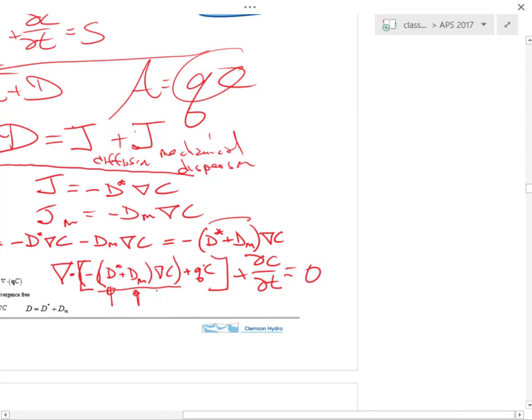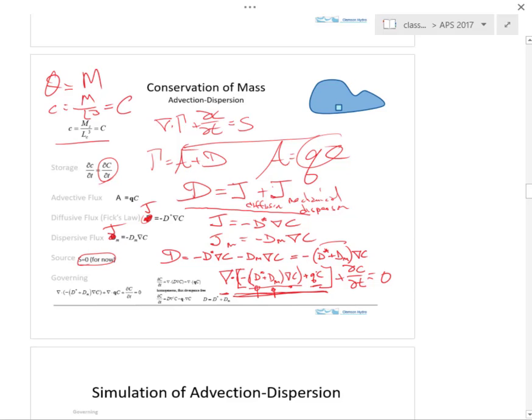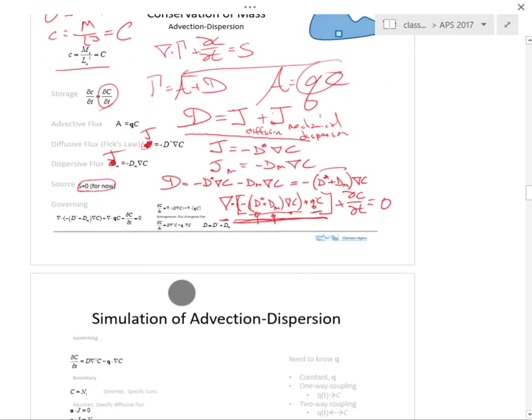And in both cases, they're multiplied by the gradient of the concentration. Then here's our advective flux, and all of these things here, this is the mass flux that we're interested in, and we do the divergence of that. Okay, so that's going to be our governing equation.